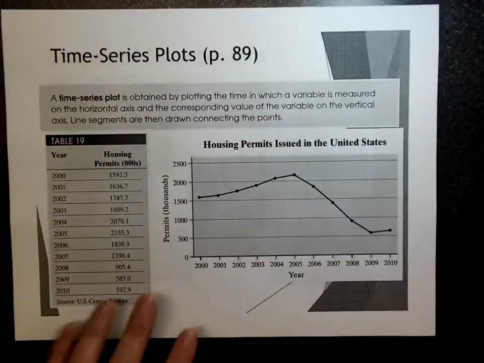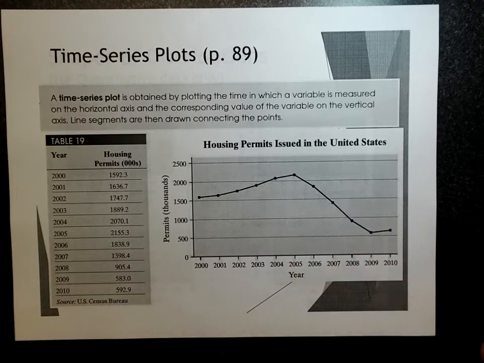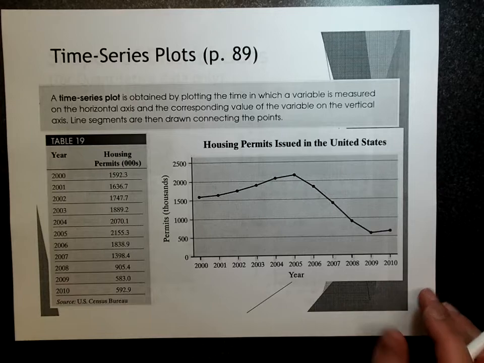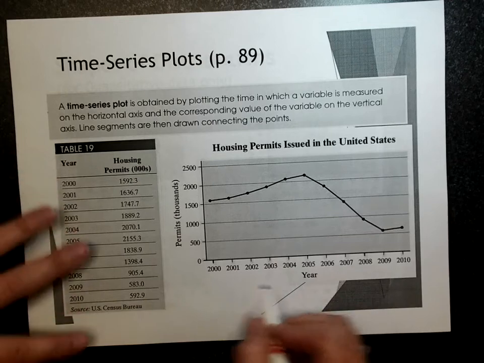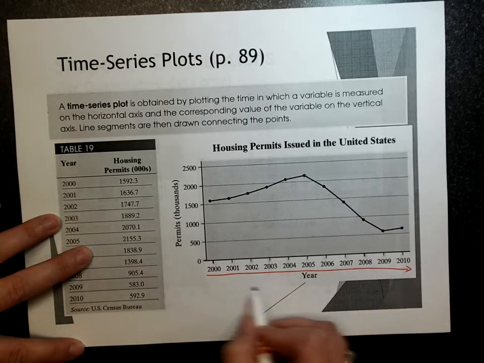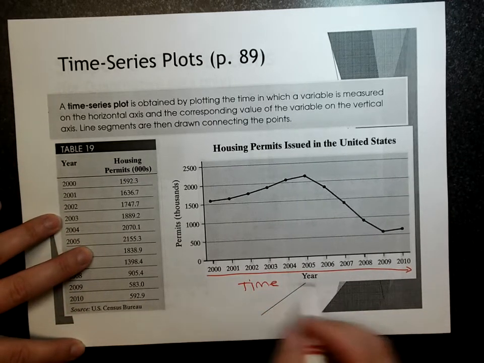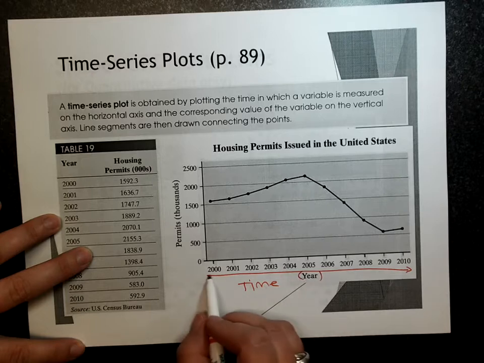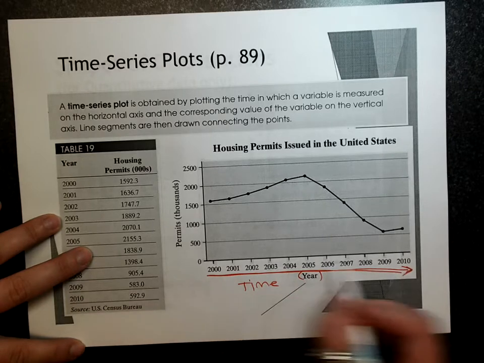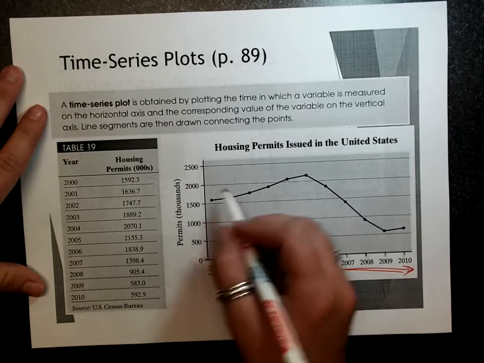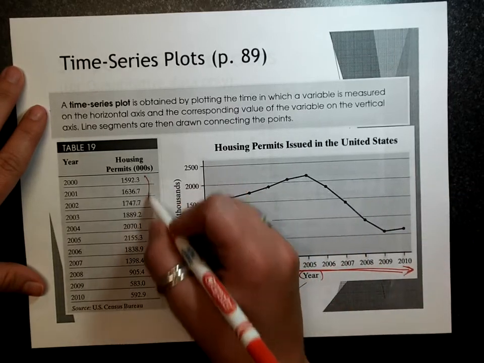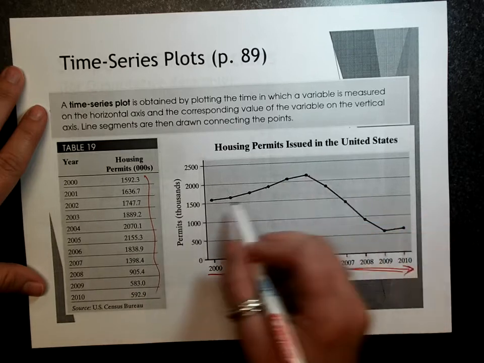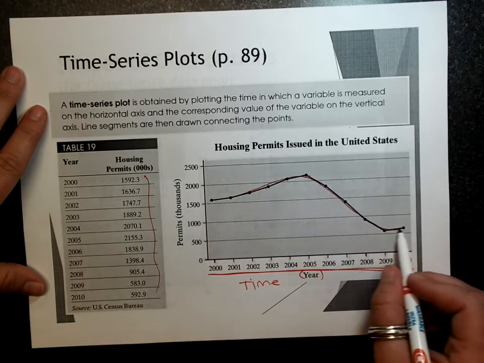There are also time series plots, which we don't really focus on too much. Anytime the data is being measured over time, so this x-axis is time, year, minute, whatever, anytime time is being measured on the x-axis, instead of making a bunch of bars, we just put a dot at the different values and then connect those dots to find the pattern over time.